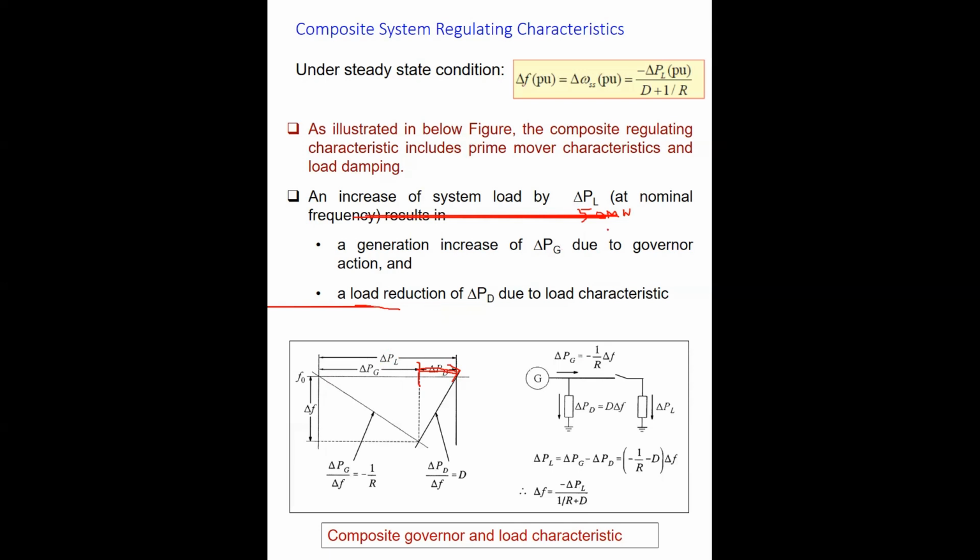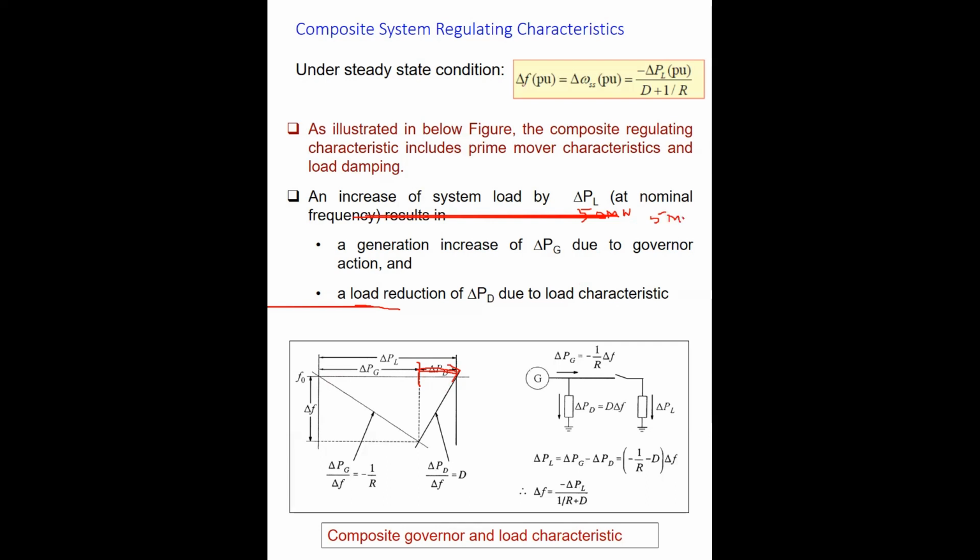But let's say that because of composite load characteristic, that means some static load and some dynamic load, the change in the power from the dynamic load corresponds to 5 megawatt here.